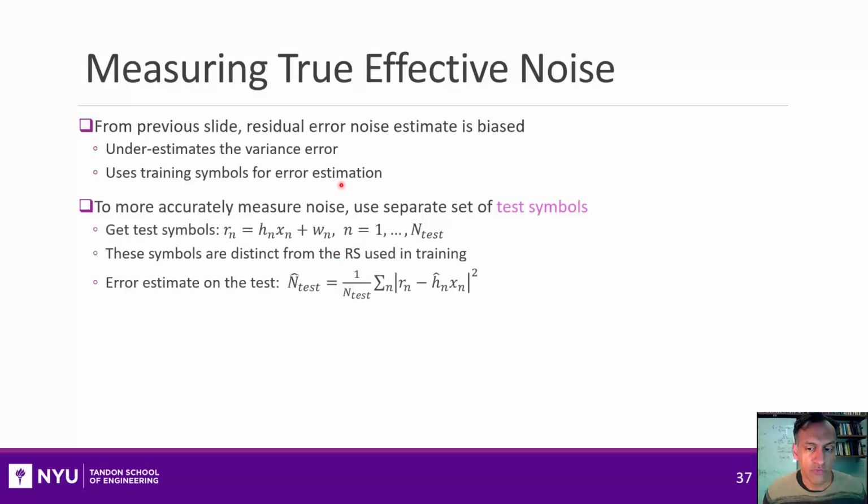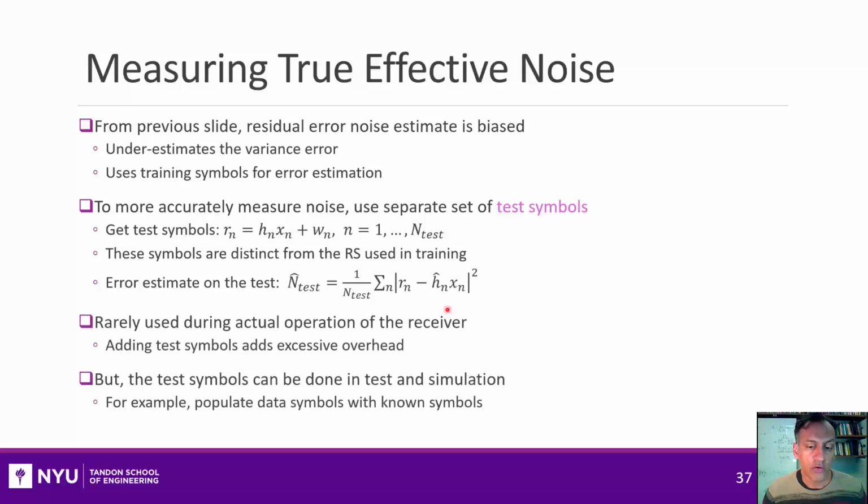So what you could do is the following. Suppose I could find another set of test symbols, which I did not use for channel estimation. And I basically do the exact same calculation for the error, and I just take the received symbols minus that channel estimate, to see how well it performs on this. In this case, you can show that this will be an unbiased estimate for the noise, so it will actually give you a more accurate value.